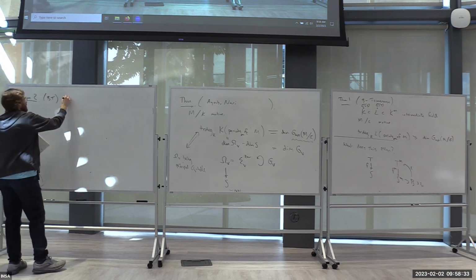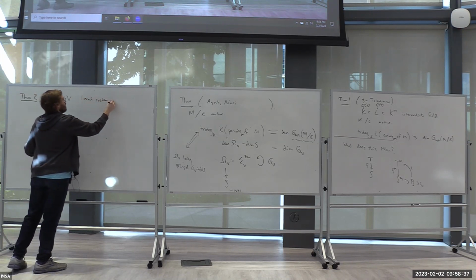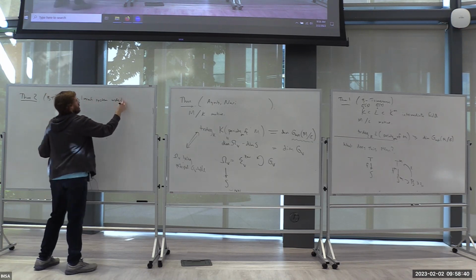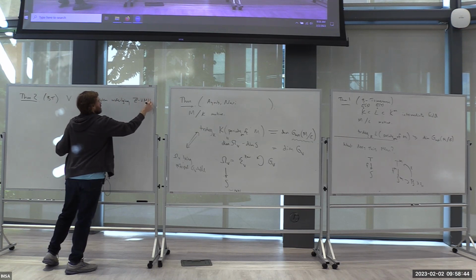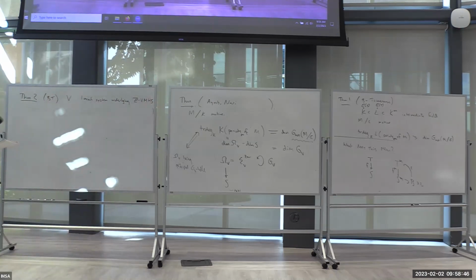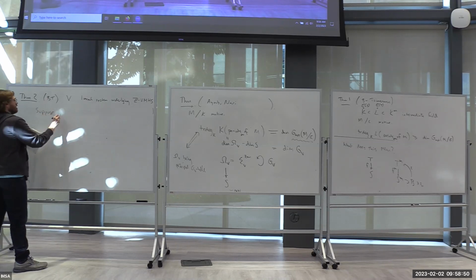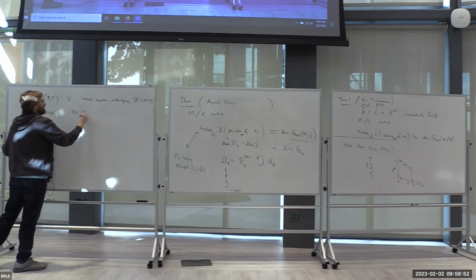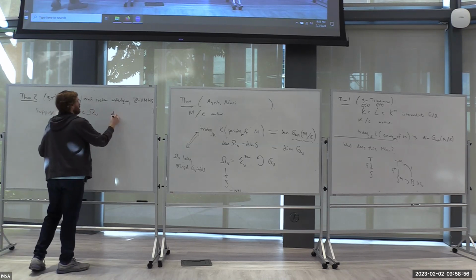It says that if V is a local system underlying an integral variation of mixed Hodge structures, suppose we have the following setup. We have an algebraic variety W inside this period torsor Omega_V.